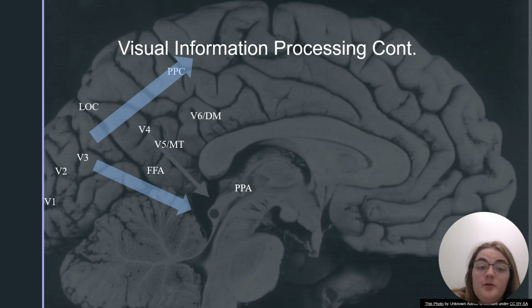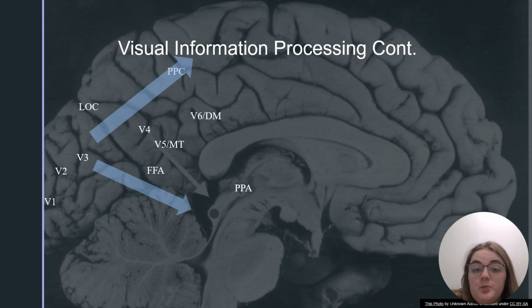V1 is the primary visual cortex, so we're starting in the occipital lobe. And then V2, the secondary visual cortex, where it gets processed even more. And then we have the other structures known as the dorsal and ventral extrastriate areas, which are specialized.